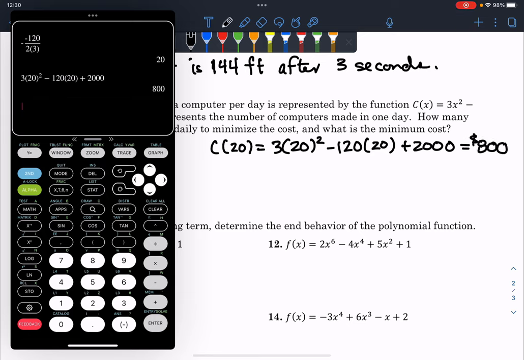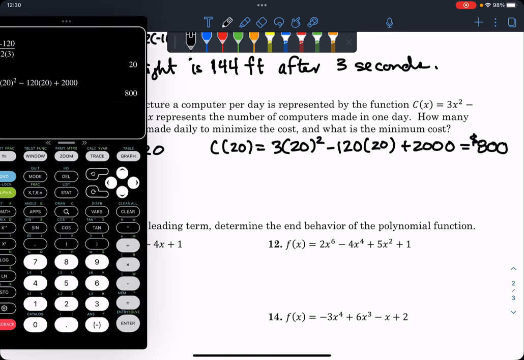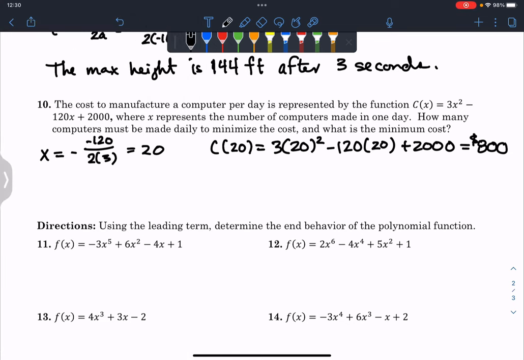So that's the minimum cost. So to answer this question, how many computers do they have to make daily? They have to make 20 computers.